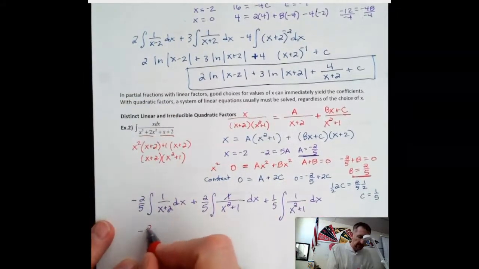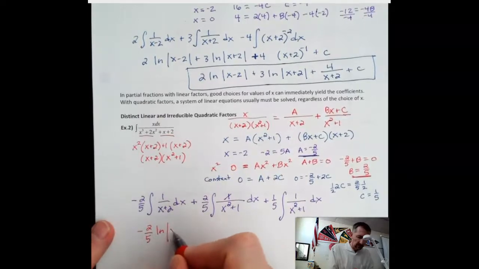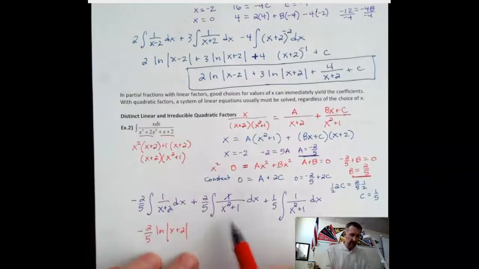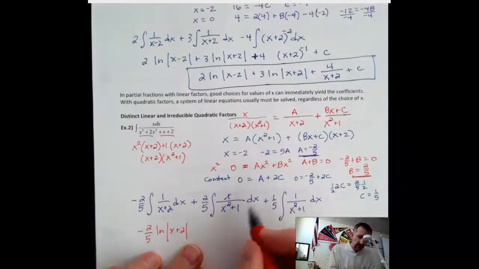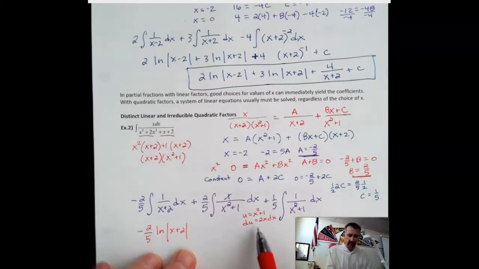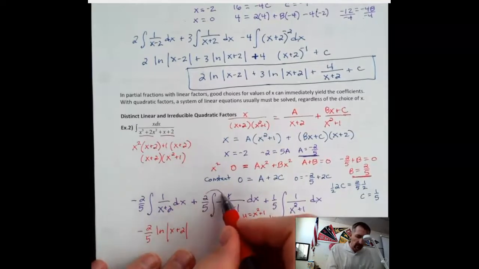So this one we've been doing a lot the last couple lessons here, so that's just 2 natural log of x plus 2. Now here, I should have left myself a little bit of room, a little bit trickier here. That's going to be u equals x squared plus 1, and so du is going to be 2x dx. And the thing is, we have a 2 right here.